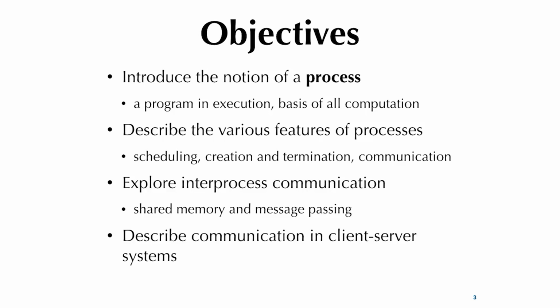Now, there's different features of the processes that the OS really needs to implement. So certainly the creation of a process, termination, and scheduling, because the whole point of creating a process is so that you can schedule it, run it for a while, maybe put it aside and run another process. And there are many ways to do that. And also support communication, which is the second part of this chapter.